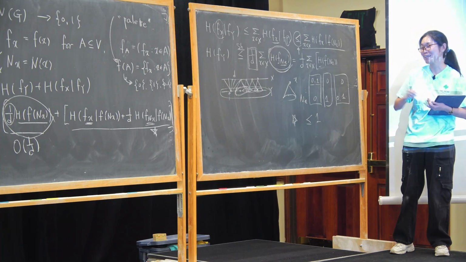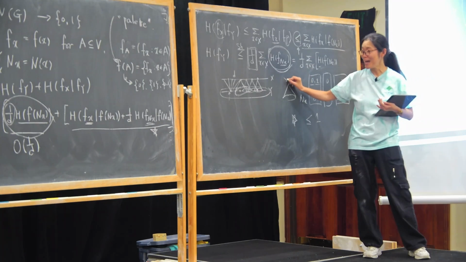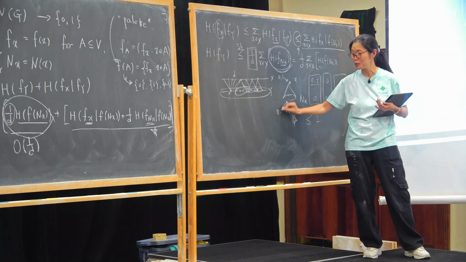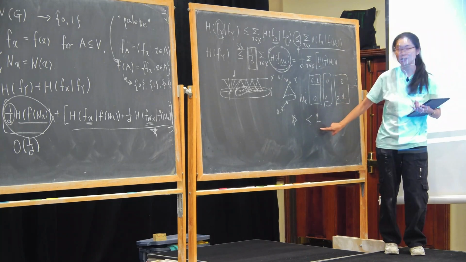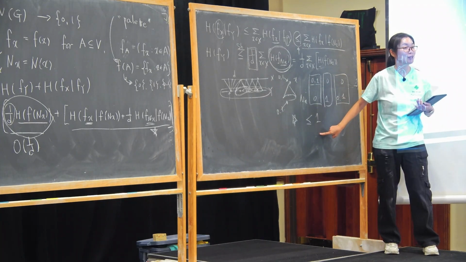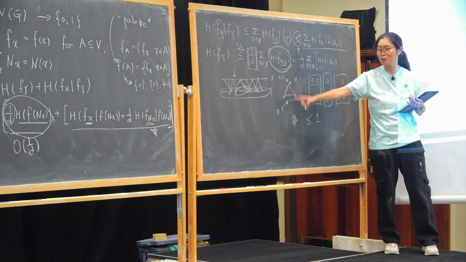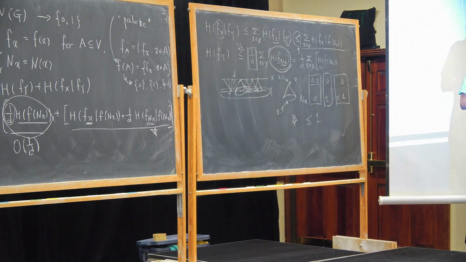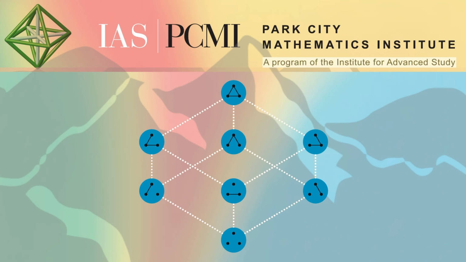Otherwise, x can have 2 choices, and the neighborhood of x can also have 2 choices. In this case, we cannot achieve this upper bound, because the entropy is 1 plus 1 is 2. So it was a really good point, and I think we'll have to stop here. Thank you so much.